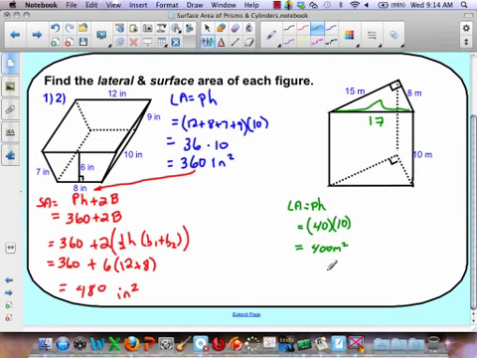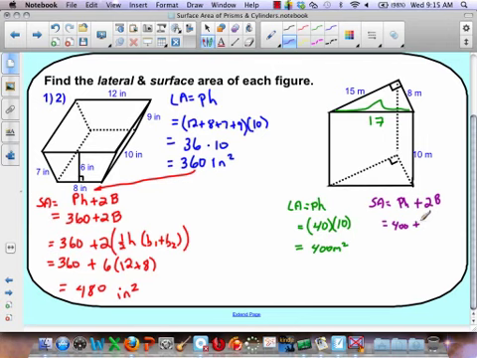Not 8. Yes, 8. Okay. Now we gotta find surface area. Surface area is pH plus 2b. We already know the pH. 400. What shape is our base? Triangle. How do you find the area of a triangle? Half base times height.